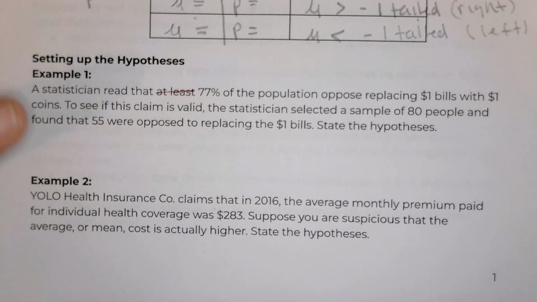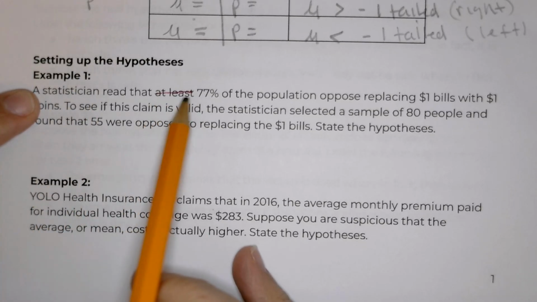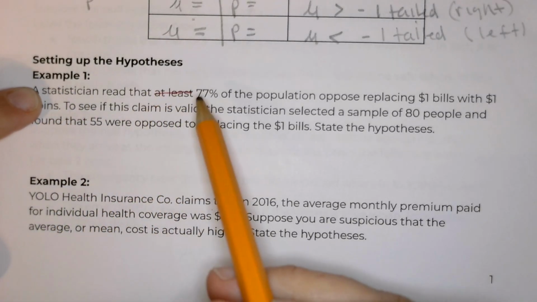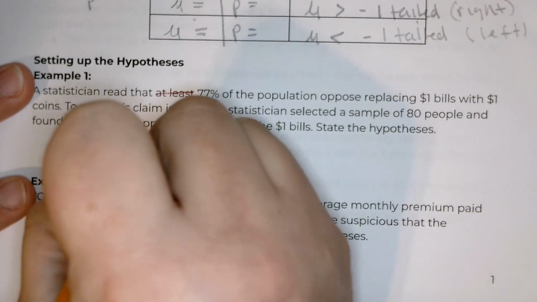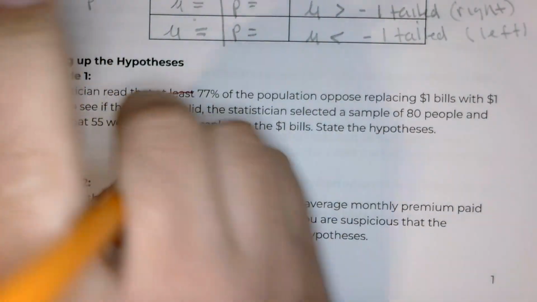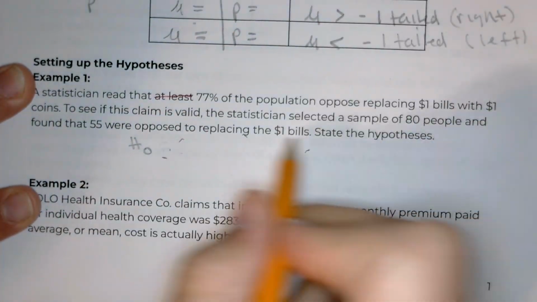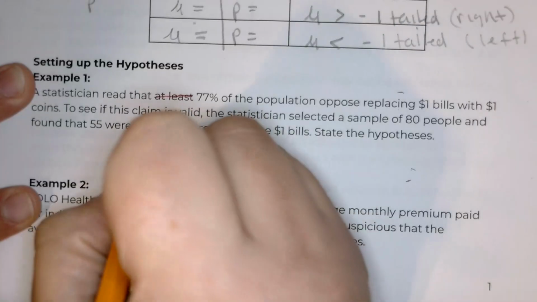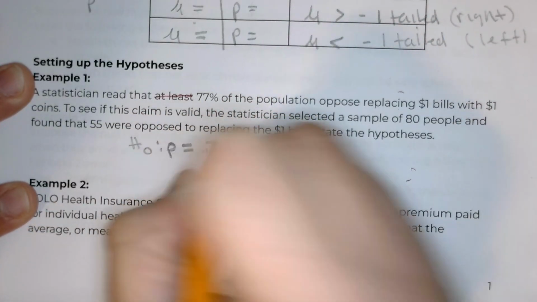Now they're trying to trick us. It says "at least," and I crossed it out for you so you can visually make that change. Sometimes we'll say at least in our null hypothesis. We still write it as H naught equals. H naught is that the proportion, because it's a percentage, it's a proportion, is equal to 0.77.